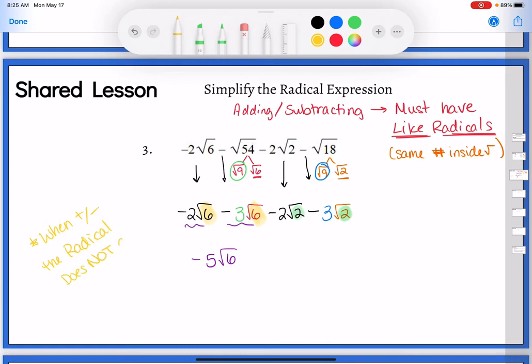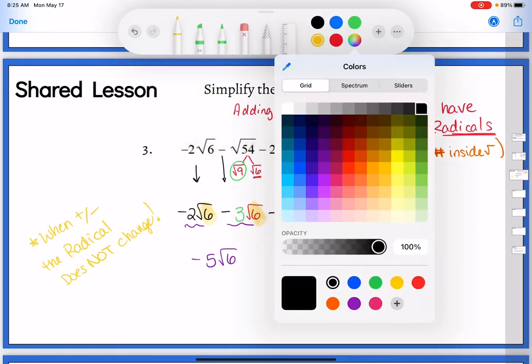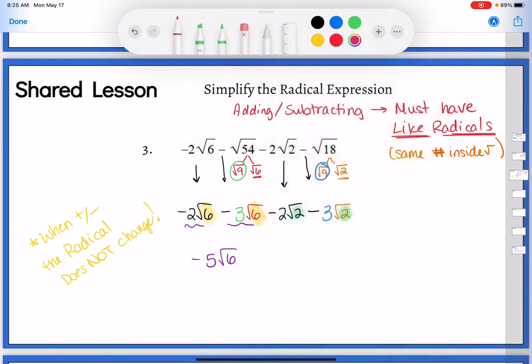That's why they have to have the same radical, because if they didn't have the same radical, you wouldn't know which one to keep. So once you're actually adding and subtracting, you're just looking at the numbers in front, and you combine those, whatever operation it tells you, and then the radical doesn't change. So now negative 2 radical 2 minus 3 radical 2 would give me negative 5 radical 2.